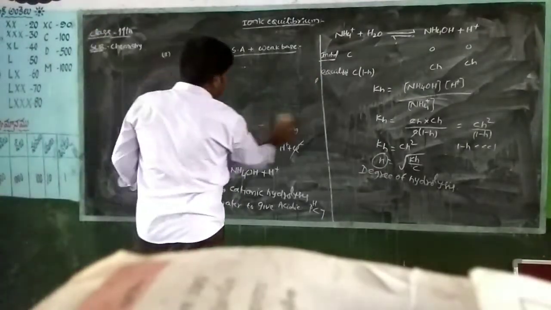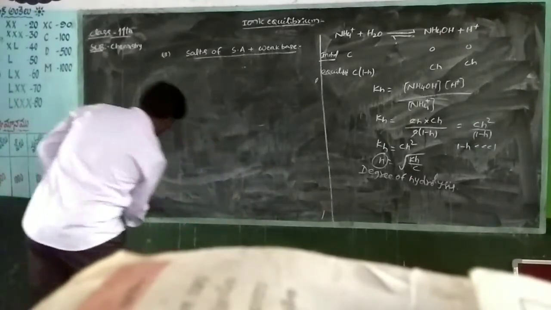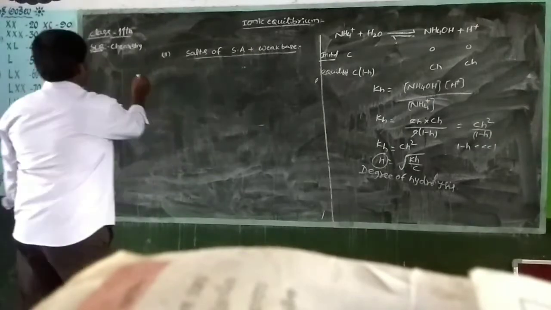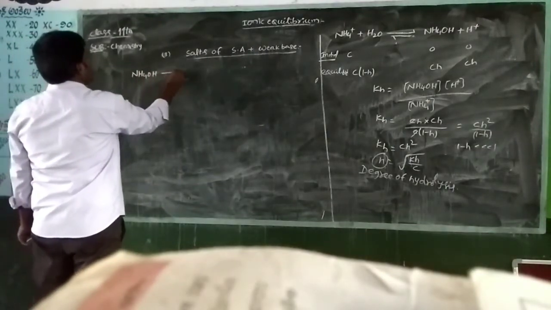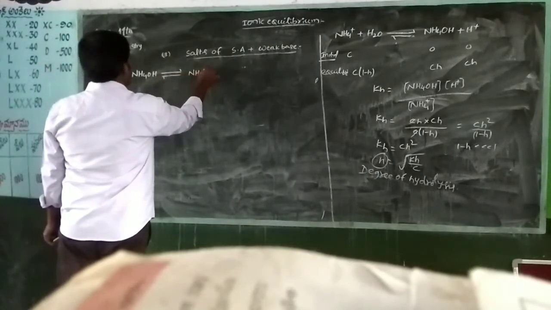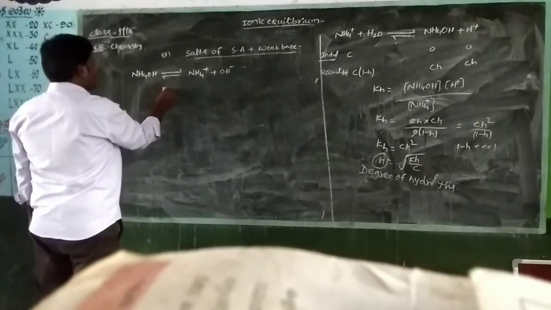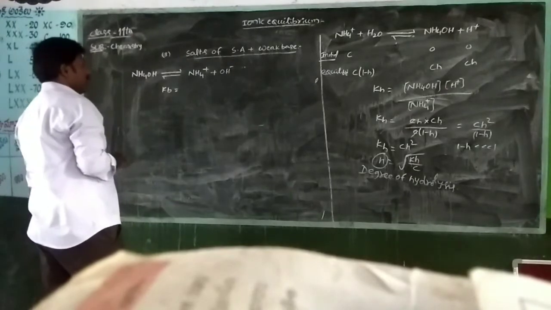that means a weak base like NH4OH. Weak base like NH4OH. NH4OH in reversible reaction gives NH4 plus and OH minus ion. We have to find the base equilibrium constant of the base.